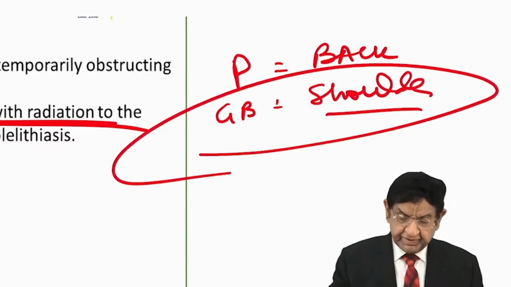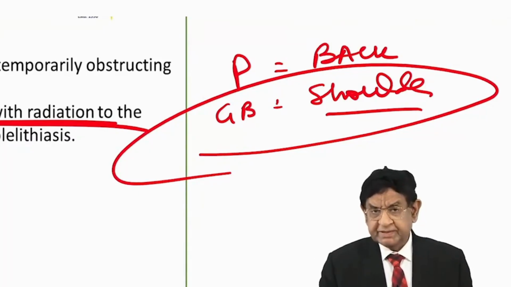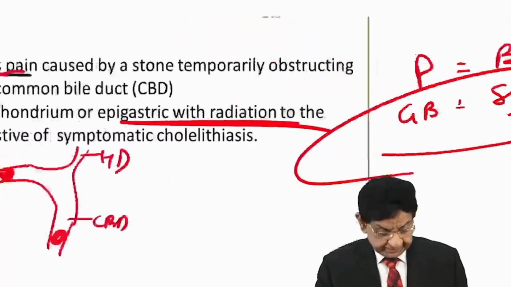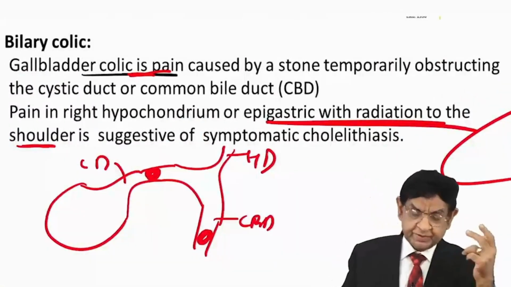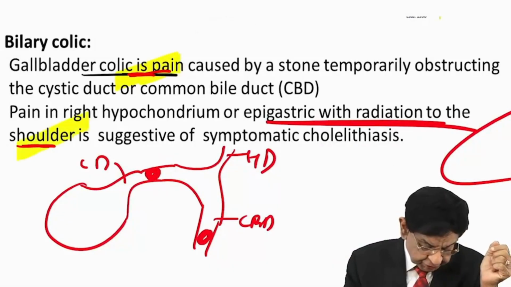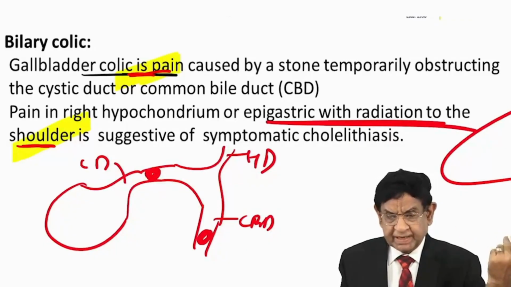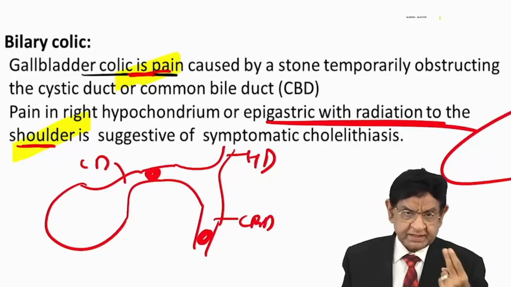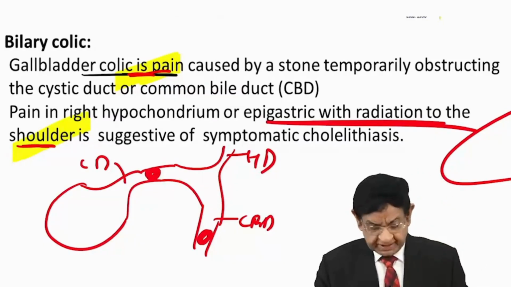This is a very, very important clue that the patient has gallbladder pain. So friends, here the two keywords are pain and shoulder. That's all. Pain in the abdomen or right hypochondrium and the shoulder pain are the two things that you have to remember in this particular slide.